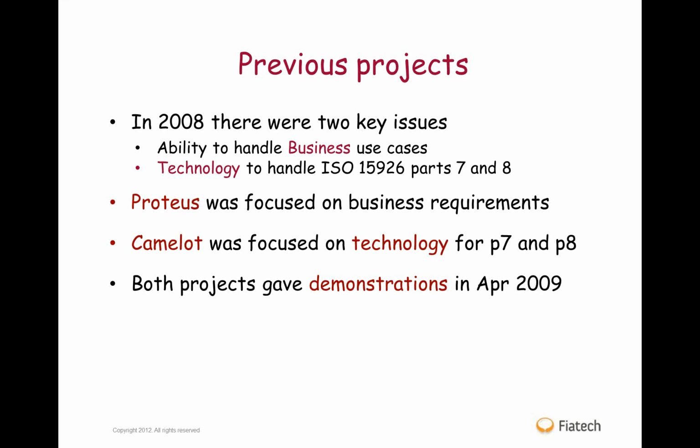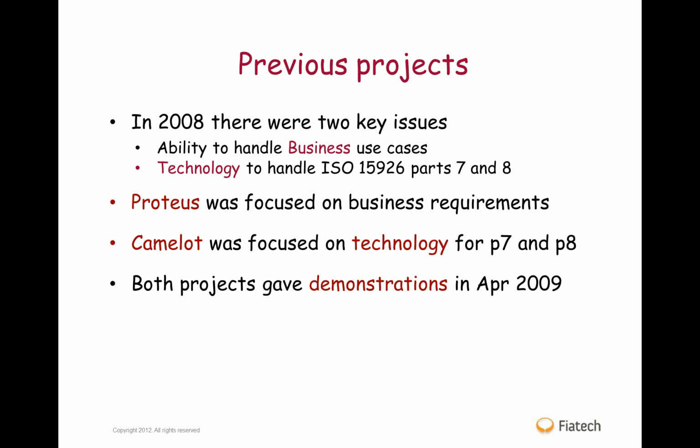So the two projects that were involved there were Proteus, which focused on the business requirements, and Camelot, which focused on the technology for Part 7 and Part 8. Both gave successful demonstrations at the FIATEC conference in April 2009.